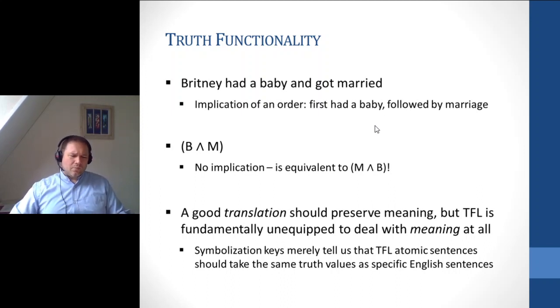But when we symbolize this into something like TFL, we'd really treat it as, let's use capital B for Brittany had a baby, capital M for Brittany got married. It's going to be symbolized as B conjunction M. But here, there's no implication of order. And we can even see it. Why? Because this is equivalent to if we flip it around. Put more bluntly, there is no implicature in TFL.